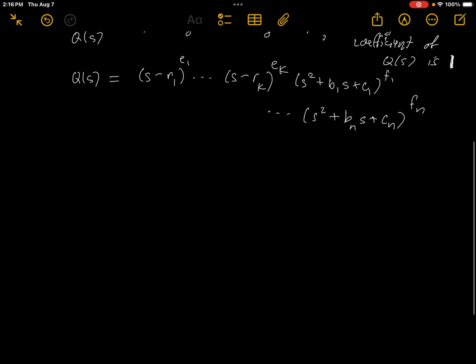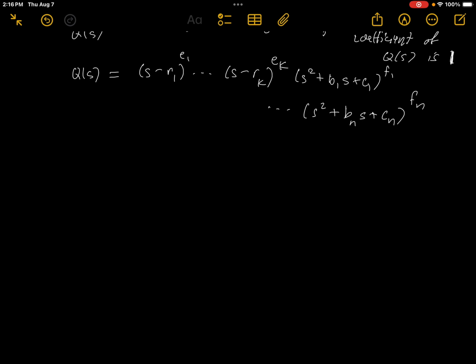So if you have q of s like this, then you can always write P of S over Q of S as some constant over, so I'm looking at this S minus R1 to the E1 term.